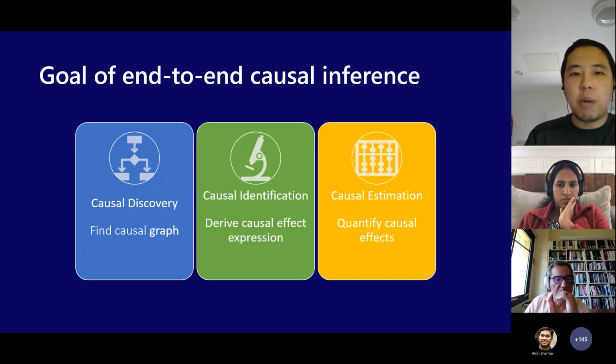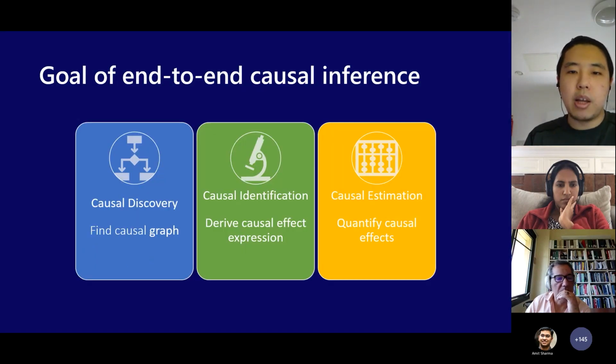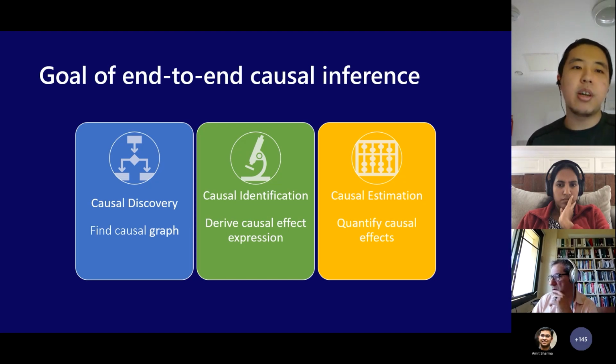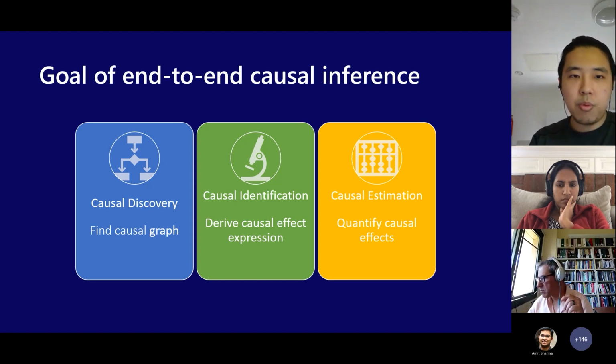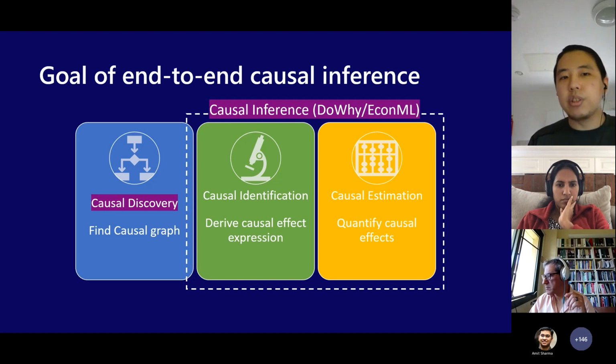To illustrate our new tool, let's go back to the causal analysis diagram from Cheng. In causal analysis, we're interested in three questions: discovery, identification, and estimation. These three questions can be roughly grouped into two categories.